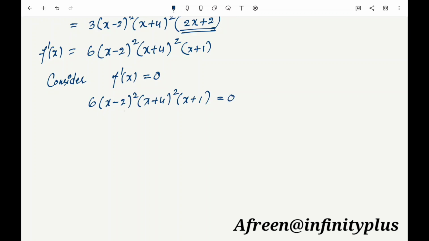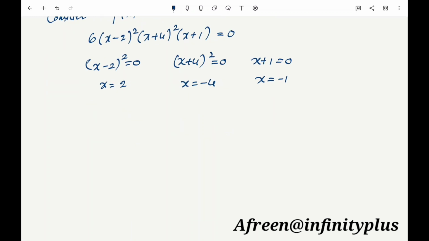Now the 6 will go in division with the 0, so 0 by 6 will be 0. Now you will get (x minus 2) whole square is equal to 0, (x plus 4) whole square is equal to 0, x plus 1 is equal to 0. So you will get x is equal to 2, x is equal to minus 4, x is equal to minus 1. So how many points have you got? 3 critical points you have got for the function f of x.